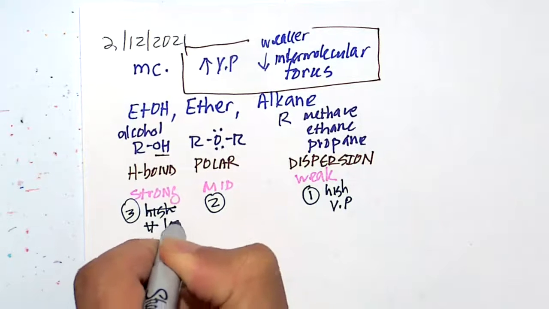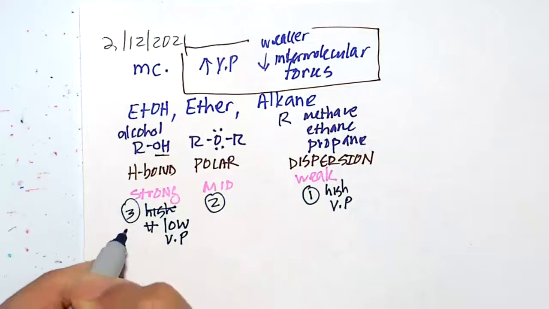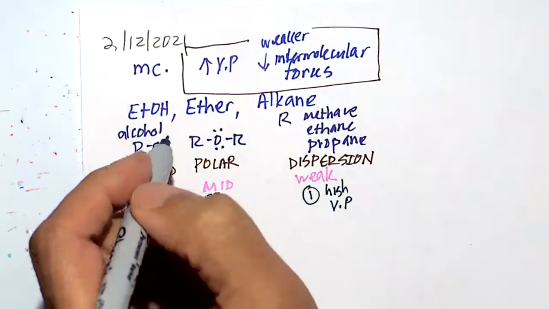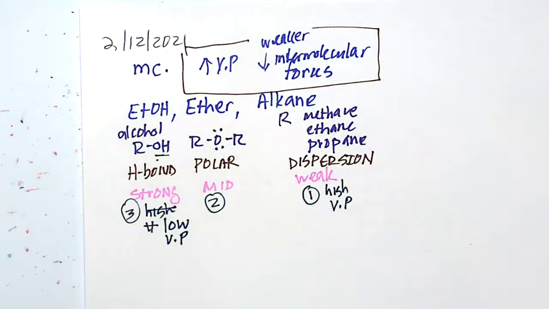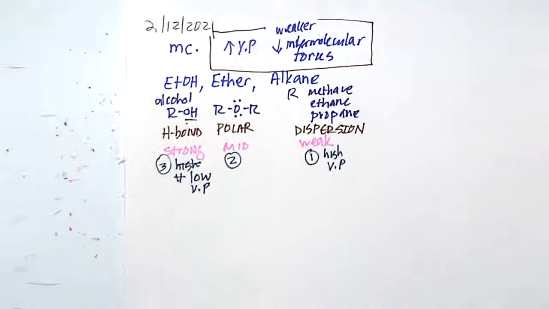What's left over is the hydrogen bonded one. So ethanol would have the lowest vapor pressure. It just doesn't want to form a vapor. If it does, it takes a lot of energy to form a vapor. So that's one of your multiple choice question themes.